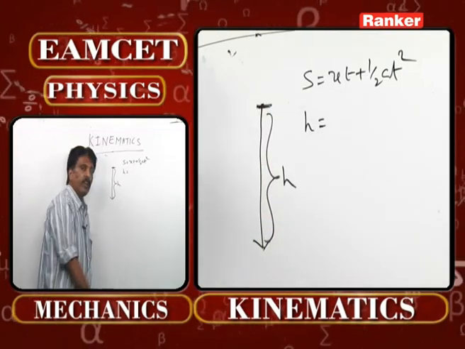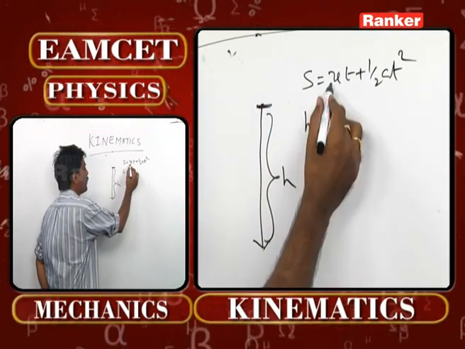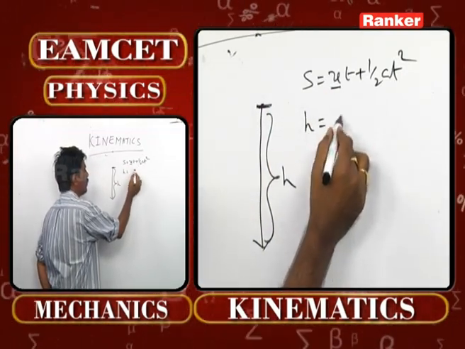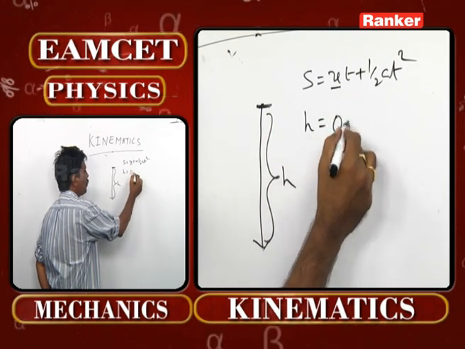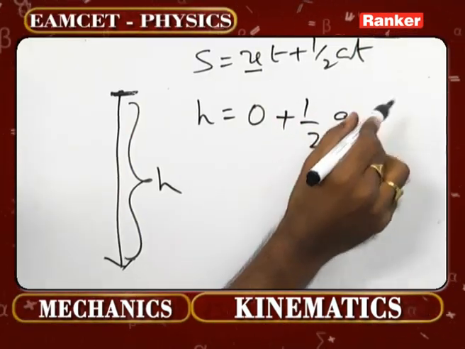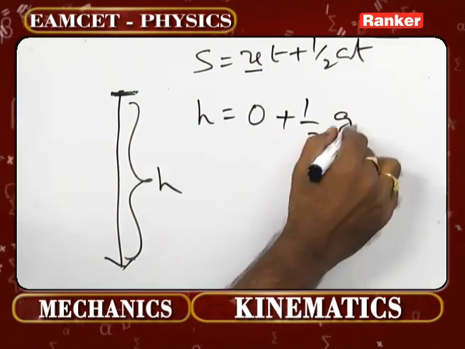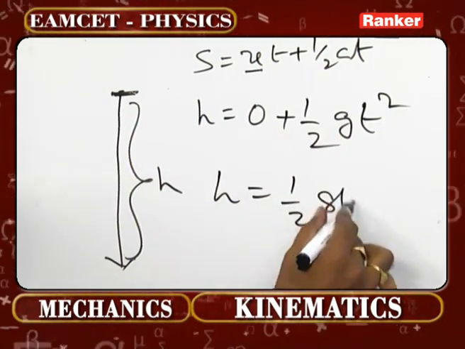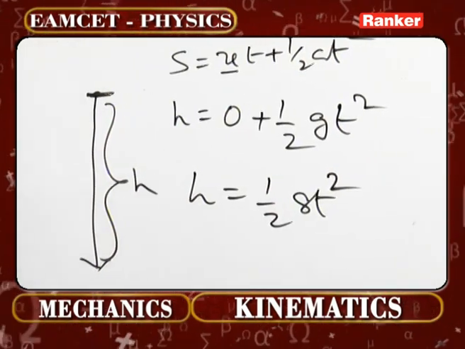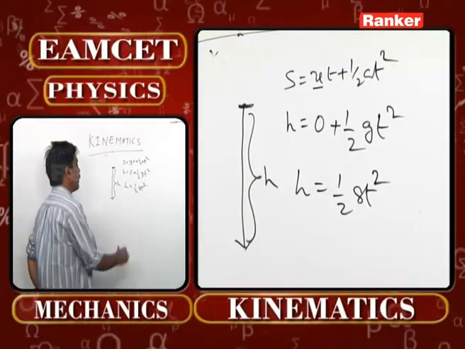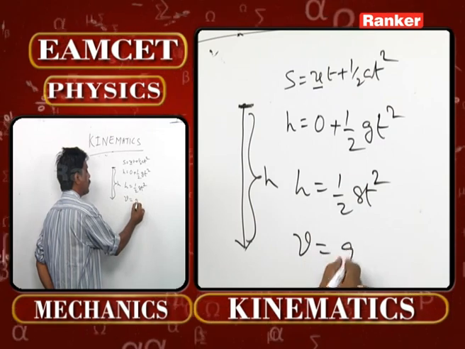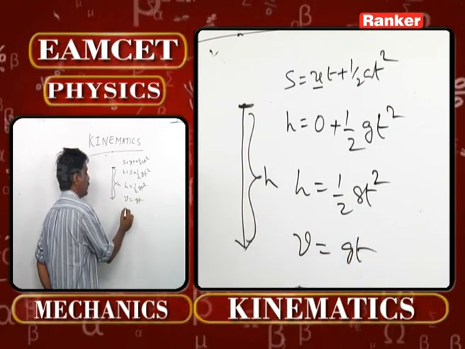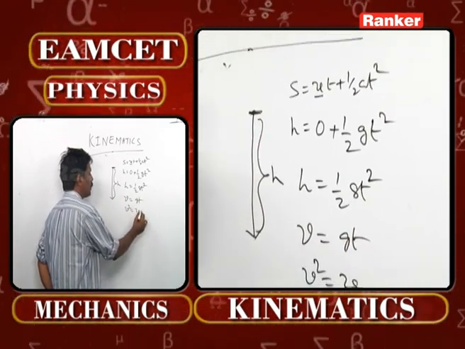Because it is a freely falling body, you have initial velocity 0, so 0 into t is 0, plus half into g, where g is acceleration due to gravity. So h is equal to half gt square is the equation you have to use whenever a body is freely falling. Similarly, you have to use v is equal to gt and v square is equal to 2gh.